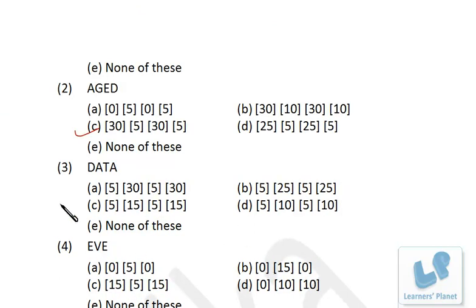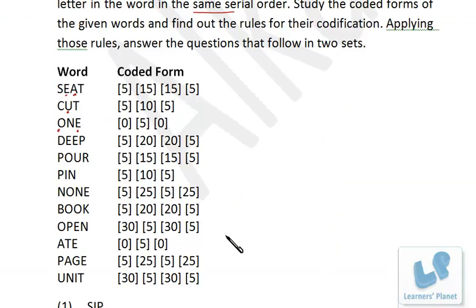Next is DATA, consonant and vowel, but both the vowels are same. Consonant, vowel, so we have this 525, 525. Okay.